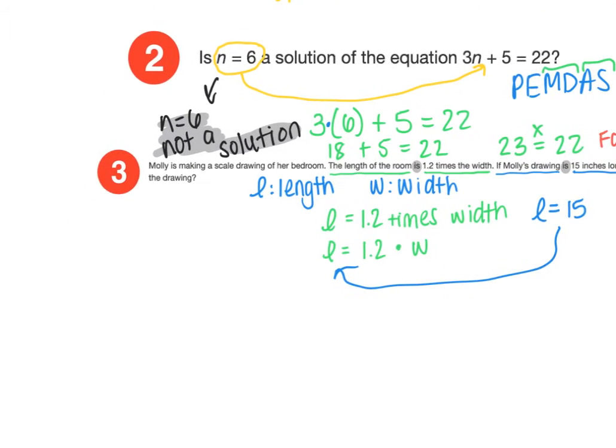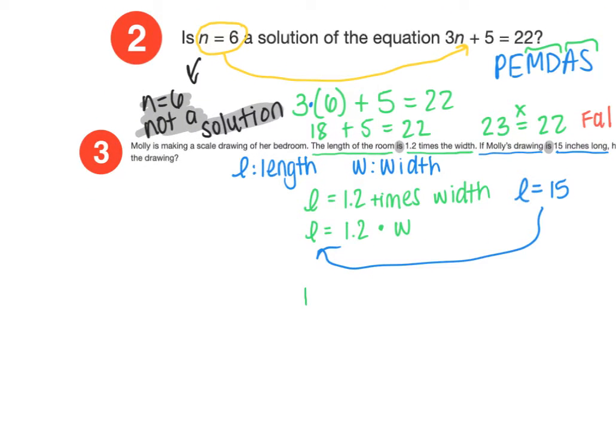And we will get 15 equals 1.2 W. All right, so we found our equation, 15 equals 1.2 W. All right, moving on.